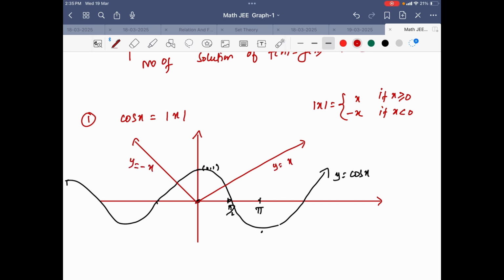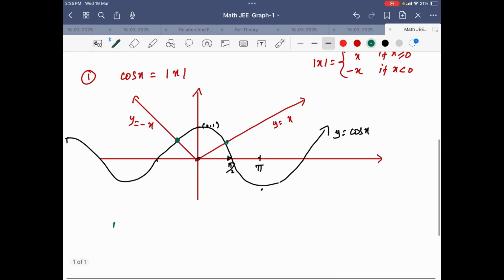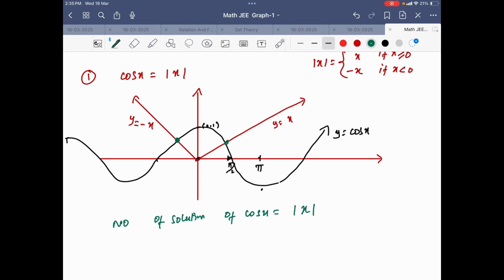When x is greater than or equal to 0, y is equal to x. When x is less than 0, the minus x curve. You can see these two curves intersect at 2 points. Therefore the number of solutions of cos x equal to mod x is 2.